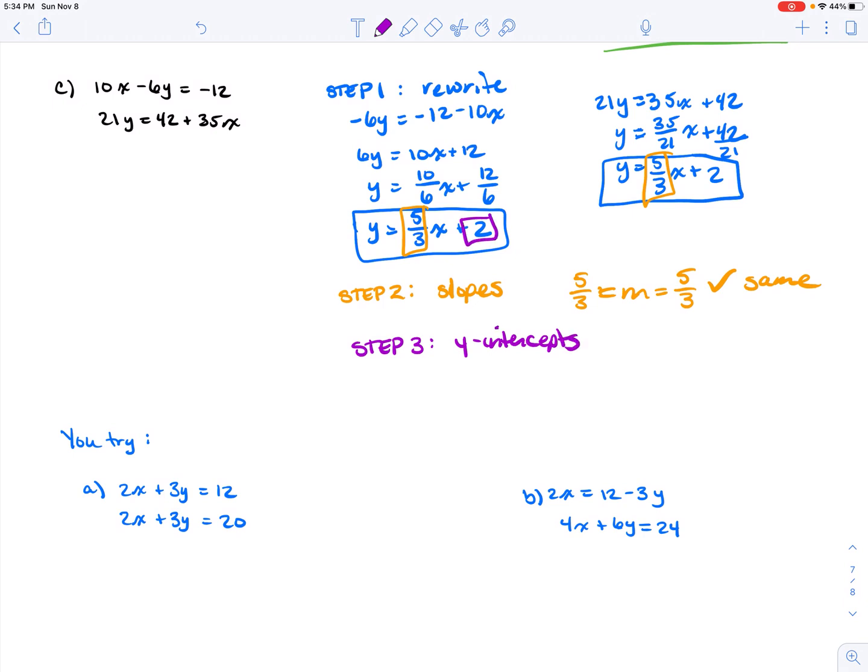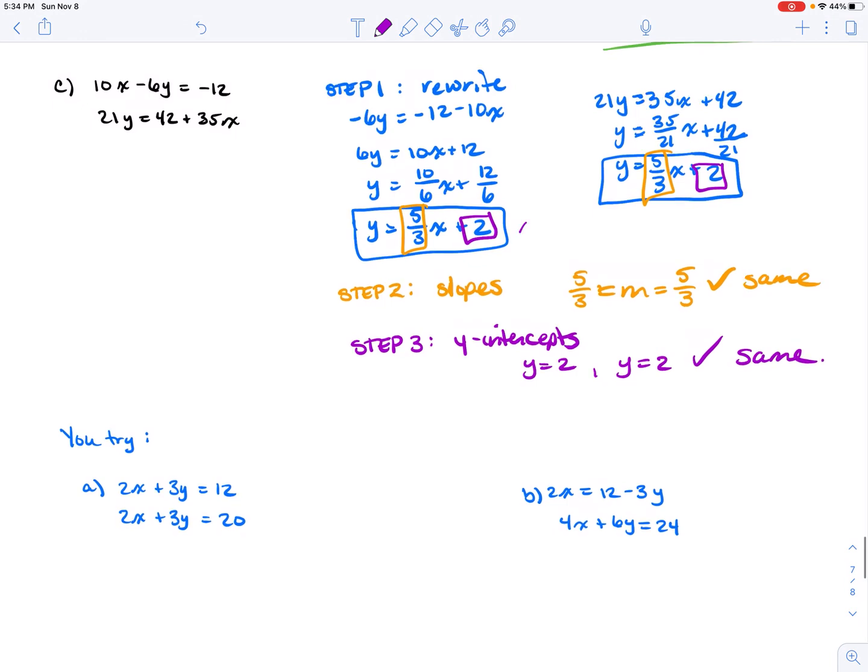I have y equals 2. Oh look, I have y equals 2. Again, the same. Also, you can tell by looking at the equations here and here that they're in slope-intercept form. They're exactly the same. Y equals 5/3 x plus 2. So they are the exact same line.